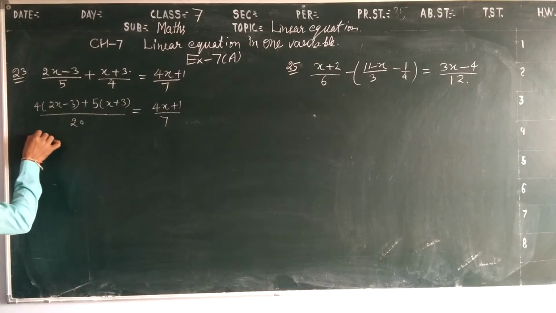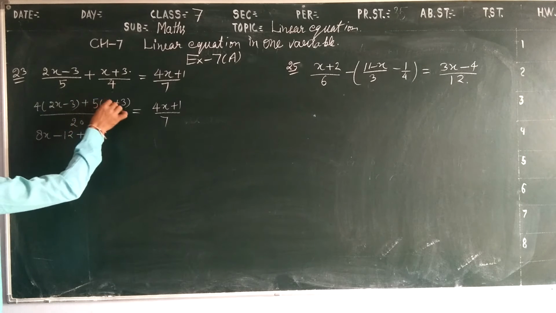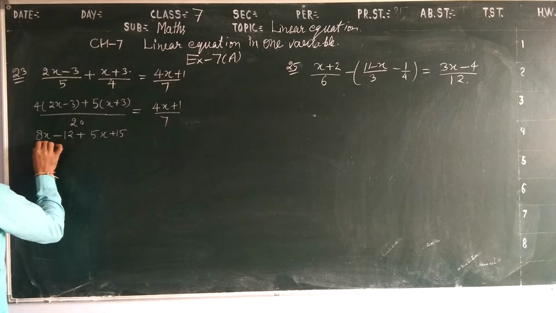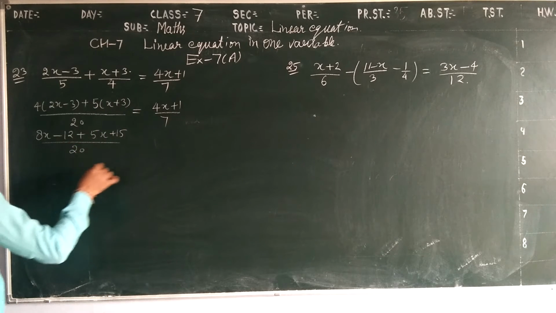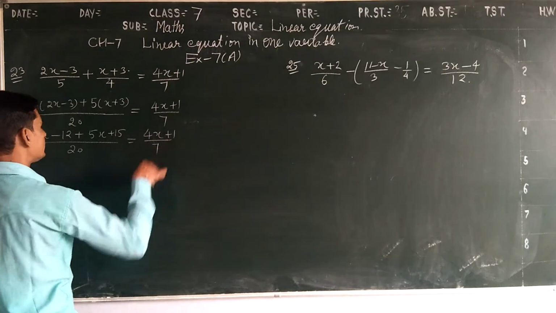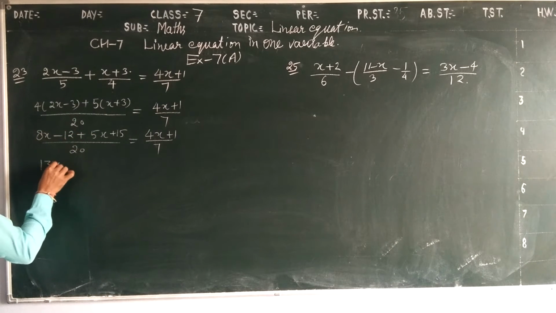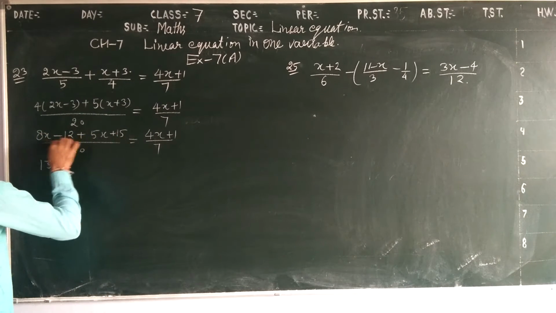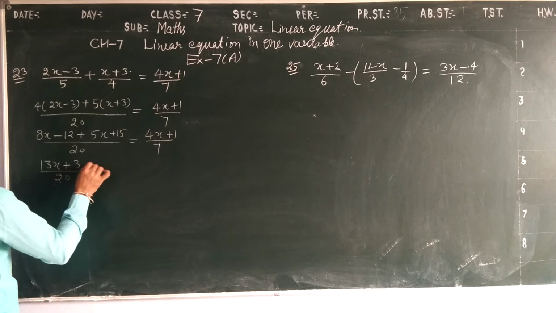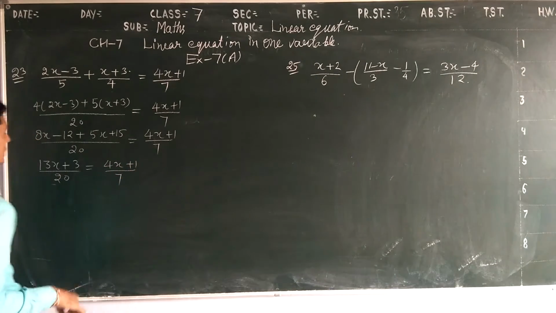So 4 2s are 8x, 4 3s are 12, plus 5 1s are 5x and 5 3s are 15, upon 20 as it is, equals 4x plus 1 upon 7. You know very well 8 and 5 is 13x minus 15 minus 12 is just 3 upon 20 equals 4x plus 1 upon 7.